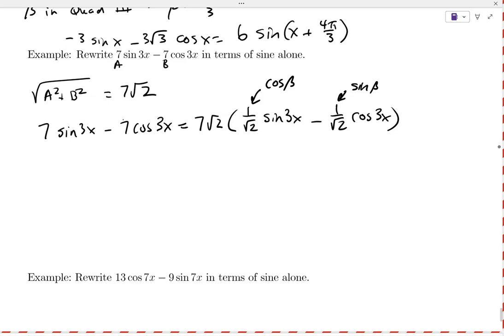I'm just doing it so you can keep track of what's going on, right? Your cosine beta is positive and sine of beta is negative. That tells us that beta is in quadrant 4.